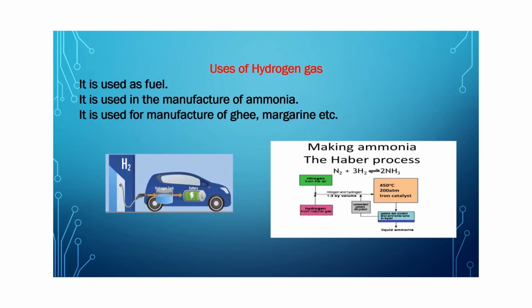The hydrogen gas produced in this reaction is also used as a fuel, we all know. It is used in the manufacture of ammonia by Haber's process. You can see in this picture, ammonia is manufactured by Haber's process, and hydrogen is one of the raw materials of this process. Then hydrogen is also used in the manufacturing of ghee, margarine, etc.